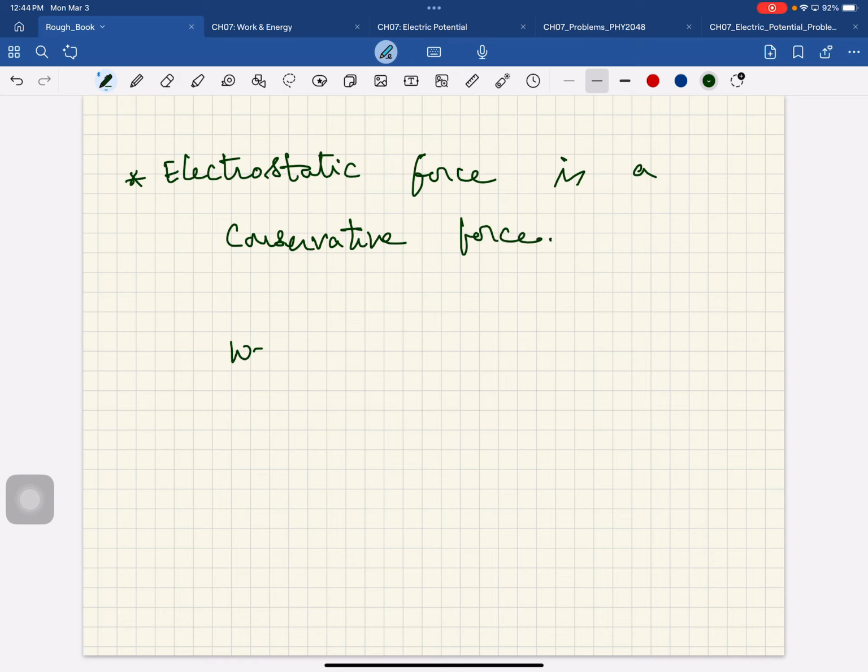All that means is this line integral is path independent. And so you can find a scalar function.